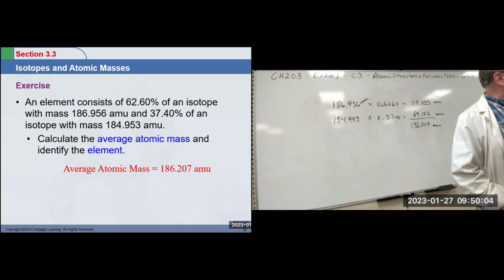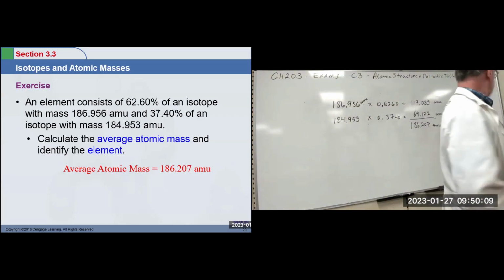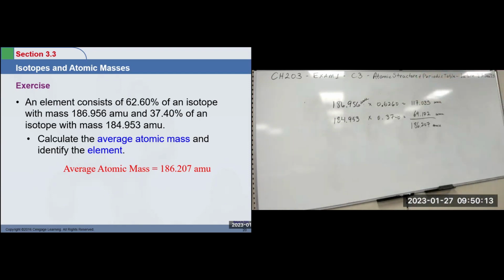So if you follow those down, and they get bigger from left to right, top to bottom, if you follow that one down and look for 186.207, you'll notice that they get bigger as we go. 186.207, here it is right here. Rhenium is the element.